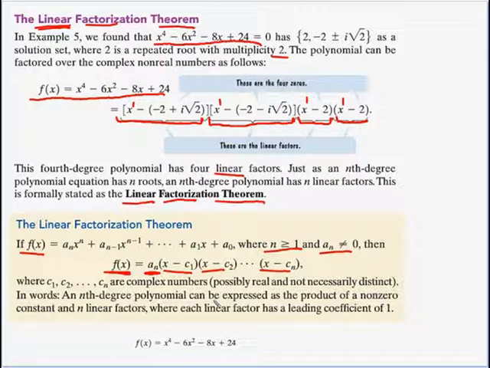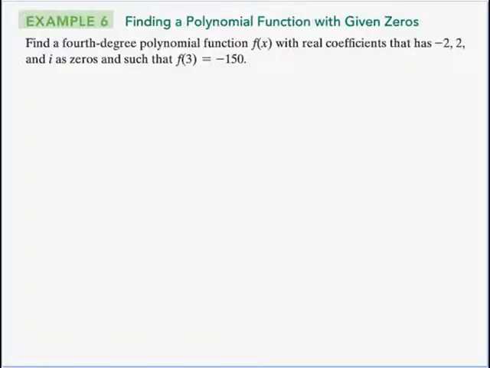In other words, an nth degree polynomial can be expressed as the product of a non-zero constant and n linear factors, where each linear factor has a leading coefficient of 1.